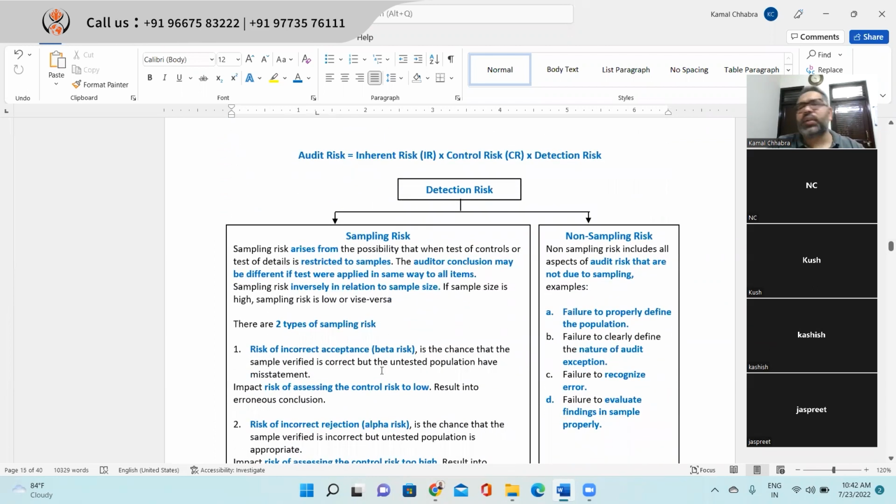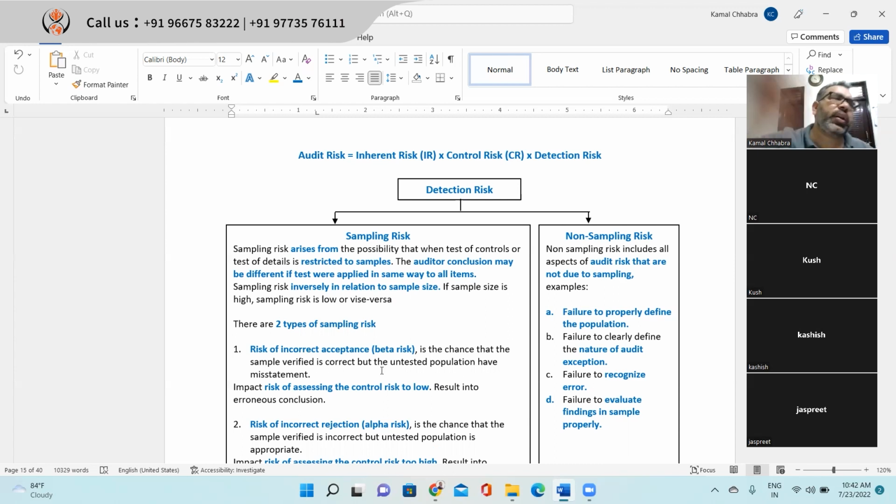And in all these sampling techniques, the major thing we have noticed is detection risk, right? Detection risk is generally an auditor risk. So what is detection risk? That means your audit is based on a sample, and the population other than the sample may have certain risk. That risk is called detection risk.